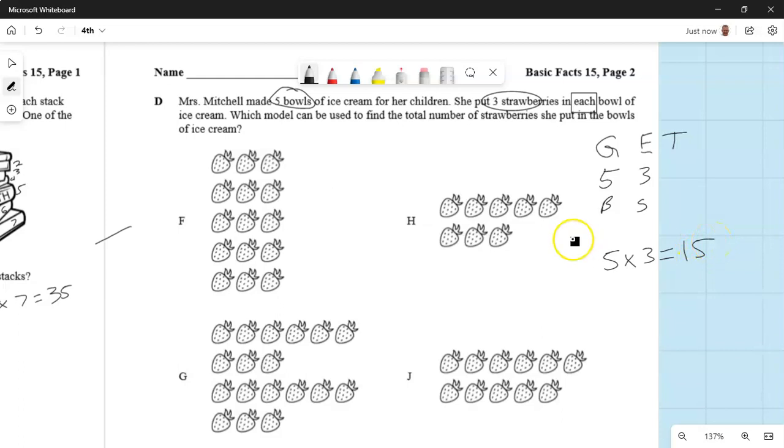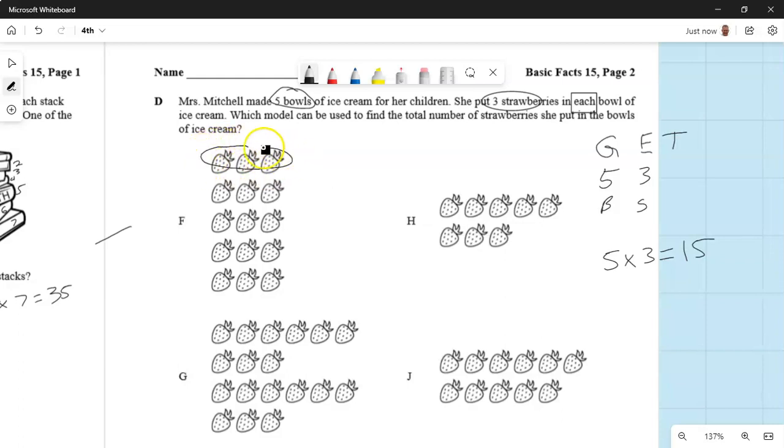We look at our models right here. F has 1, 2, 3, 4, 5 rows, and it looks like it has 3 in each row. So that looks like a very good possibility, because that would be 15 strawberries, and it's even modeled in the way that our rows are always our groups, and our columns are going to be the each, or how many are in each group.